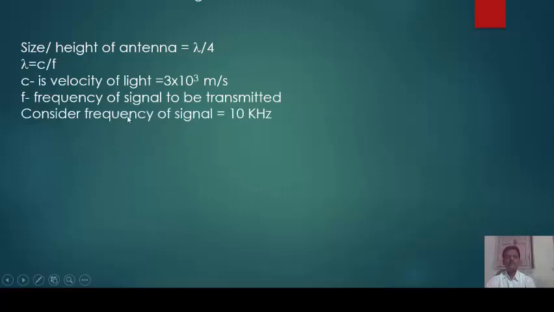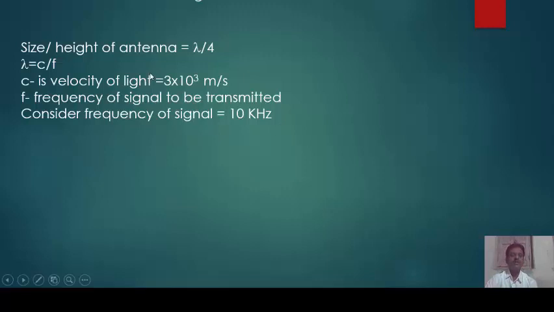Now consider the frequency of signal is 10 kilohertz. Okay, we know that the sound signal has the frequency from 10 hertz to 20 kilohertz. Suppose we want to send the signal and the frequency of the signal is equal to 10 kilohertz.